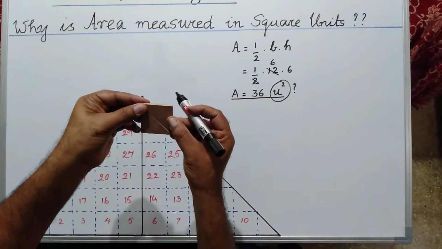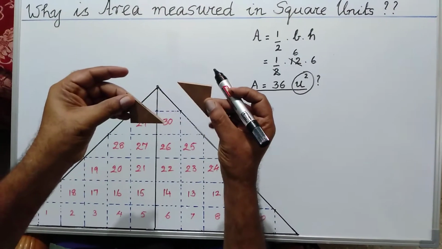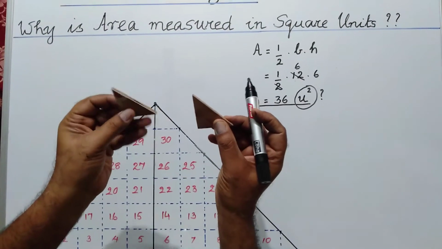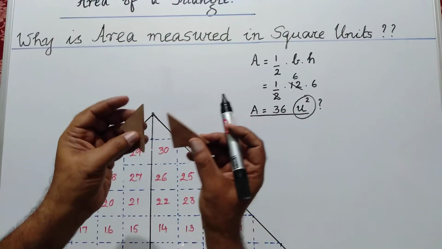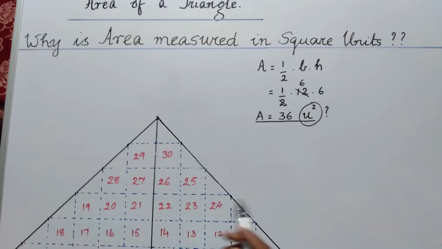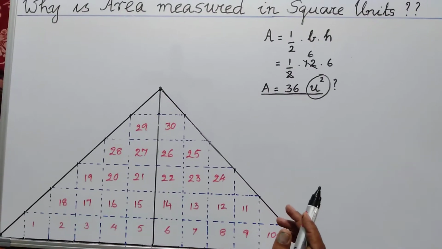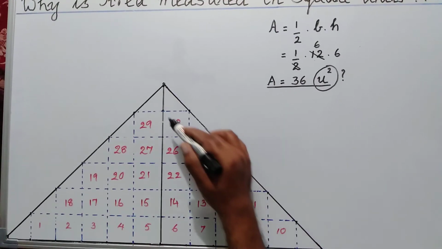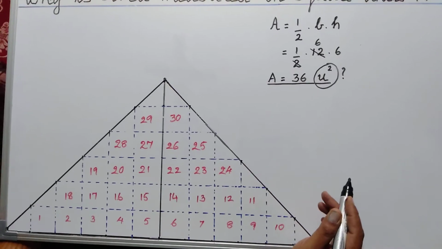The unit square, I have cut it on the diagonal to get two right angled triangles. So now I am going to use all the unit squares to fill this triangle up and to check whether I will be getting 36 unit squares totally filling this triangle. Let us check that practically.